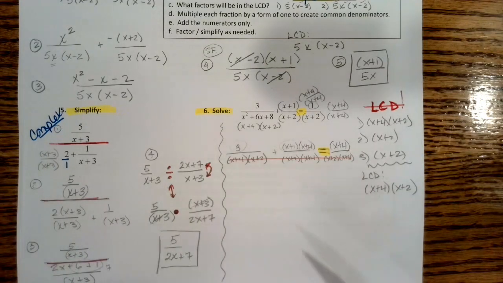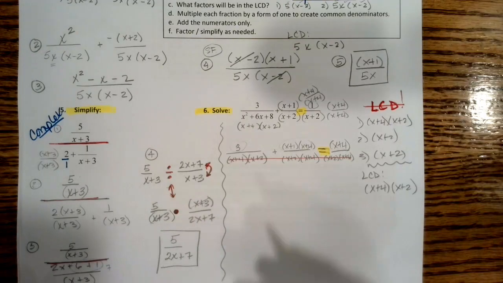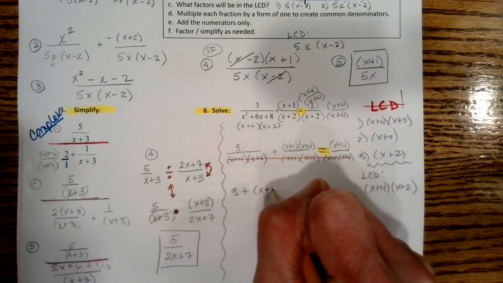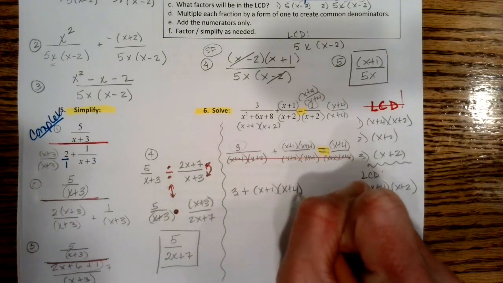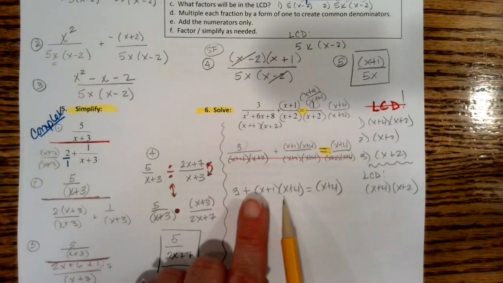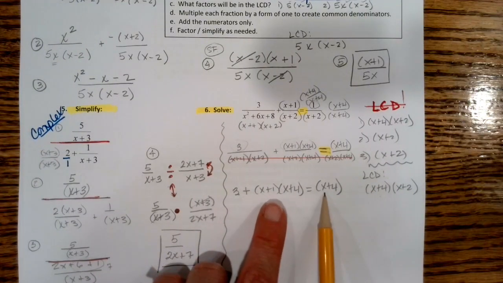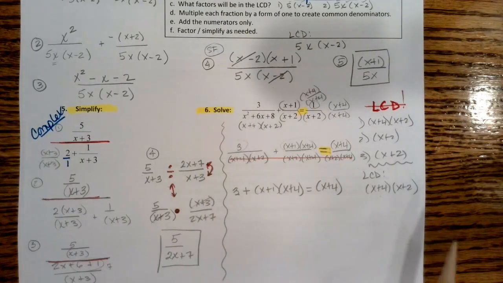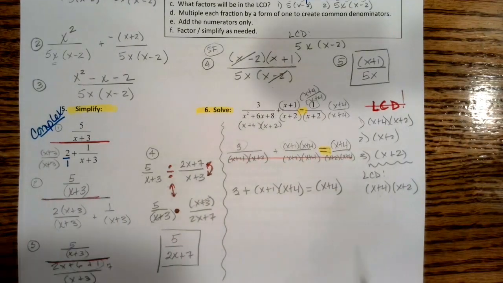That's that crazy fact. So I have 3 plus x plus 1 times x plus 4 is going to be equal to x plus 4. If I can make these two sides of this equation equal, then this is true too. That's why I'm able to cross off my denominators.